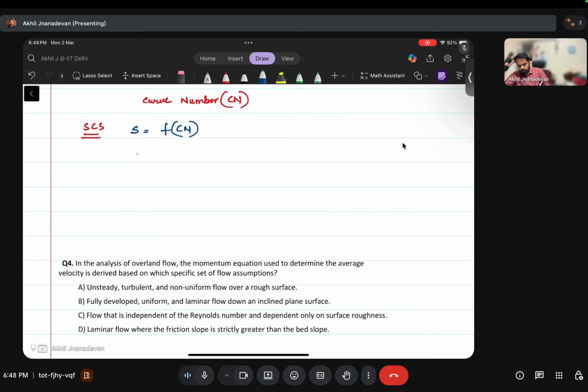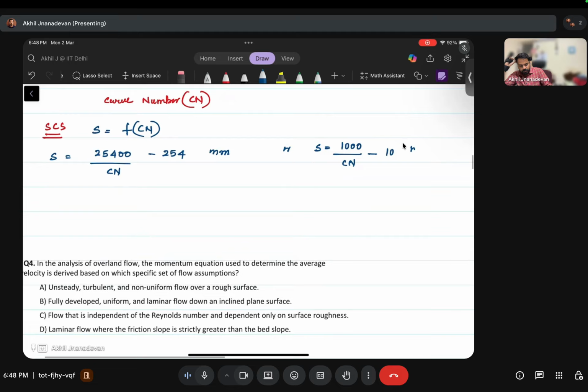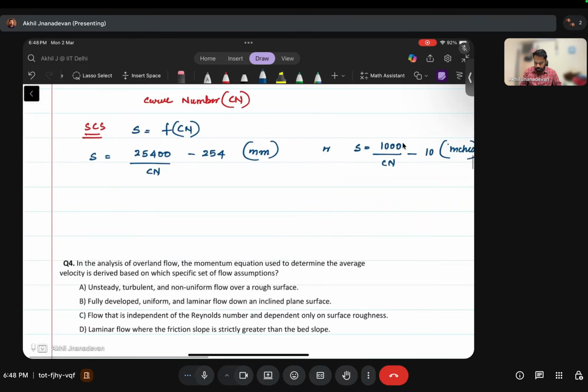S is equal to 25400 divided by curve number minus 254 if you want S, the maximum retention, in mm, or S is equal to 1000 divided by CN minus 10 if you want S in inches. This is the relation they found for curve number.